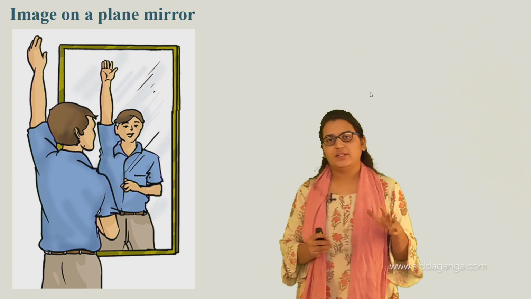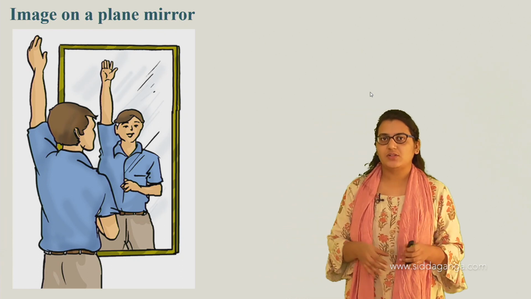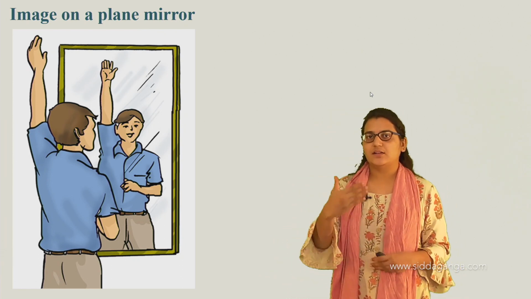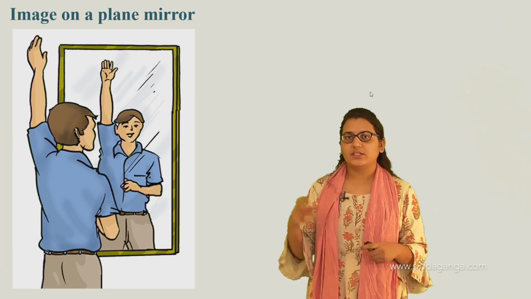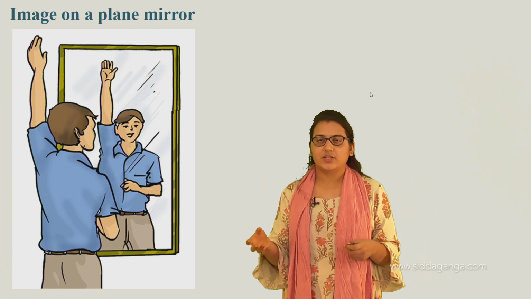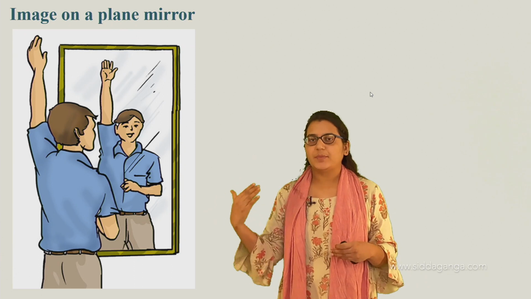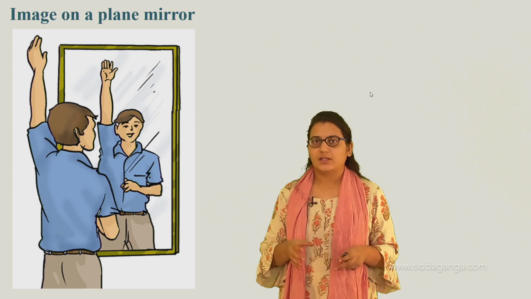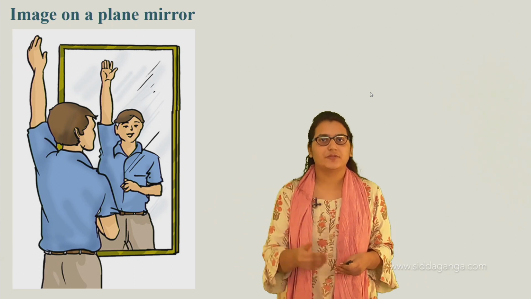Now, when we stand in front of a mirror, we all see exactly a copy. Whatever we are holding, it appears the same. But have you observed there is one difference?